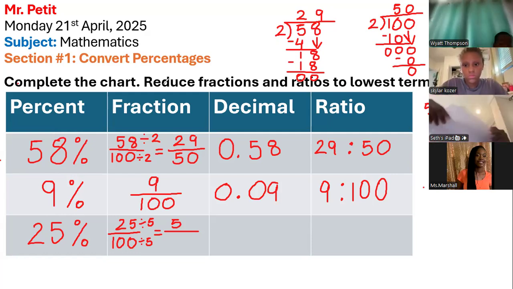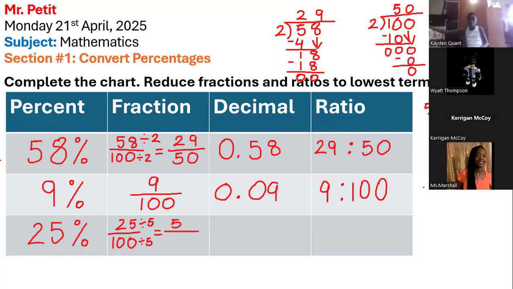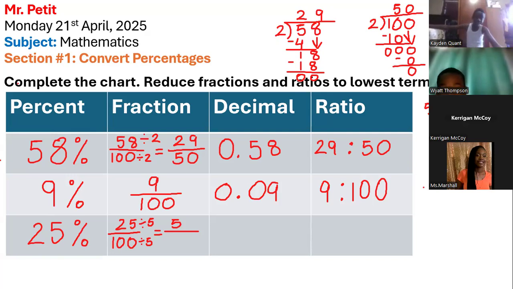I don't know if you can hear us. Wyatt, how many times does 5 go into 10? She said she can hear us. I can't hear you, Wyatt. How many times does 5 go into 10? 5 goes into 10 twice. Very good. 5 times 2 is what? 10. 10 minus 10 is? 0.